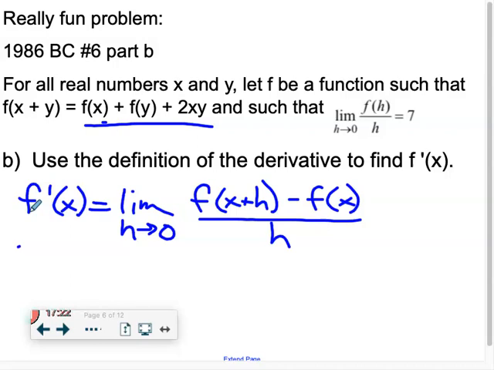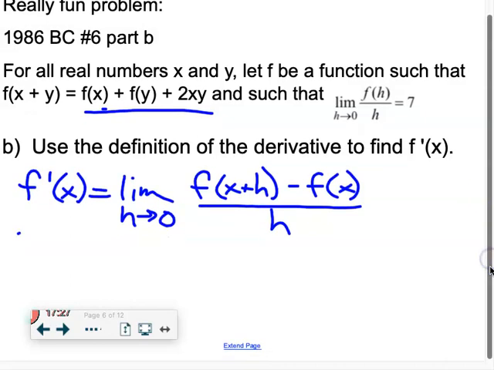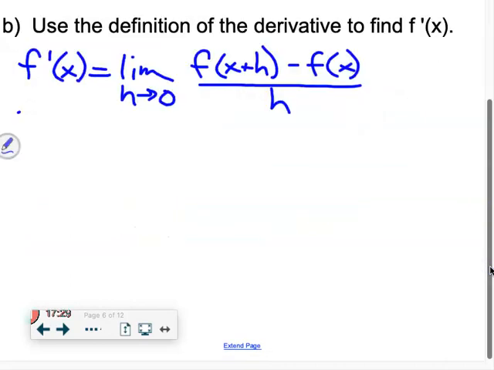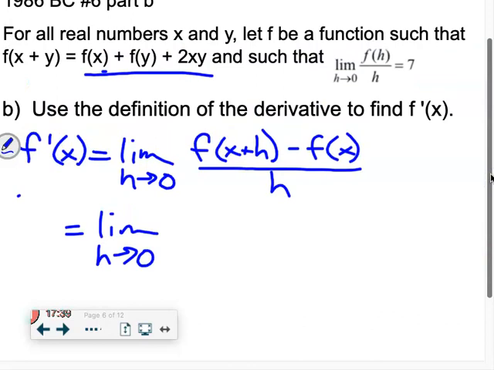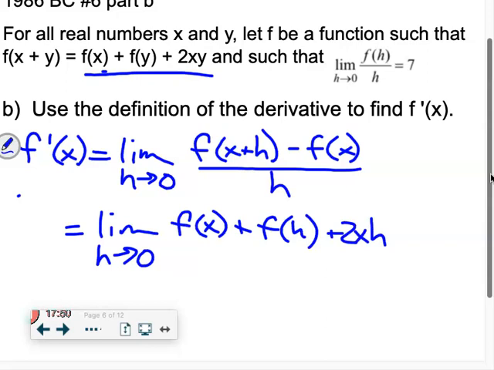Alright, I did not pause the recording, so I'm going to go up and continue this, because it's not that important, but it's kind of fun. Alright, so f of x plus h, based on this definition, is f of x plus f of h plus 2 times x times h.